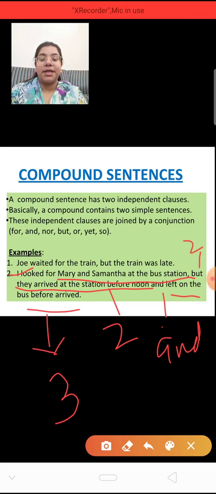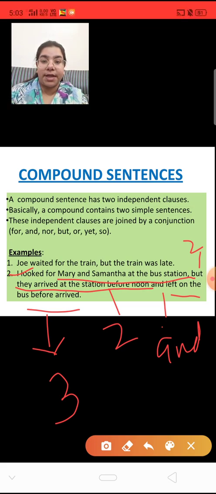So you can see how clauses, the main parts, the main clauses are joined into a single sentence with the use of and, for, nor, but, or, yet, so. With the help of these words, these main clauses are joined to make a sentence, that is a compound sentence.